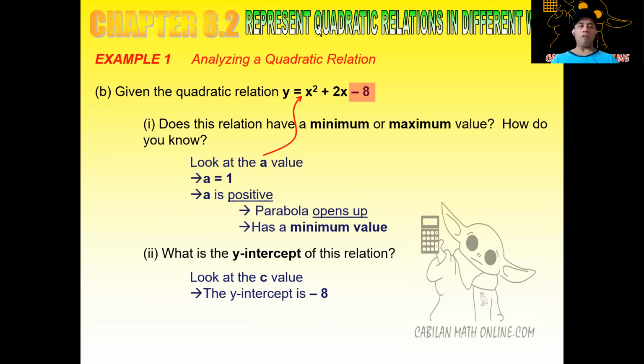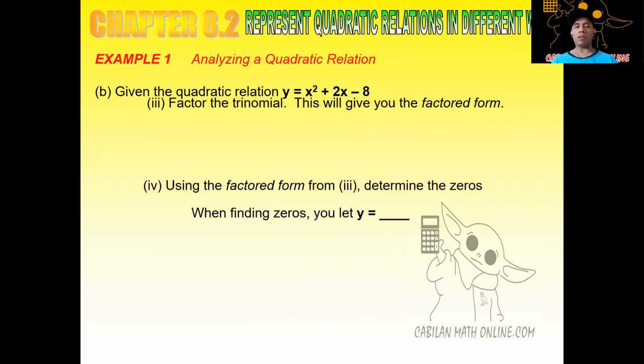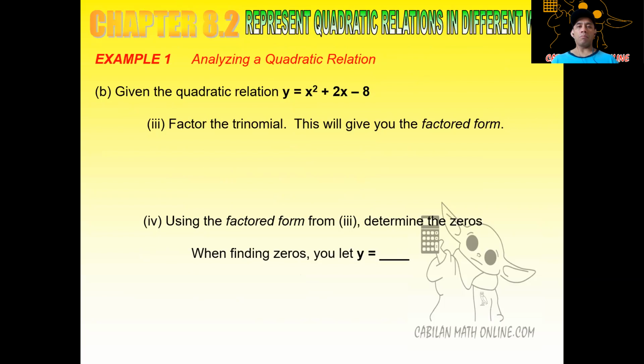Now for the next part, what we want to do is take that quadratic relation and factor it out. In this case, again, we're looking at the product and the sum. Remember, the product is the number that's on its own, meaning there's no letter attached to it. So in this case our product is -8, and our sum is +2.